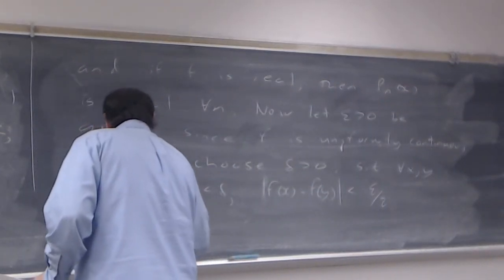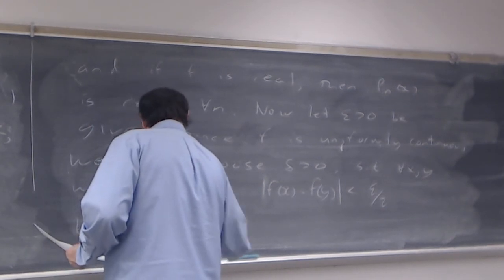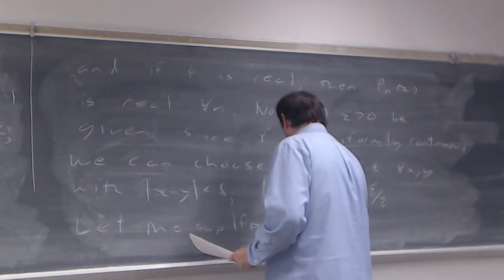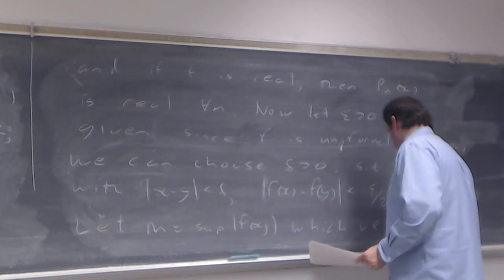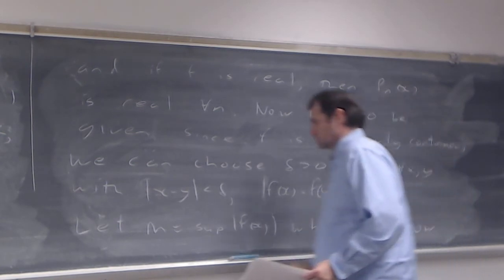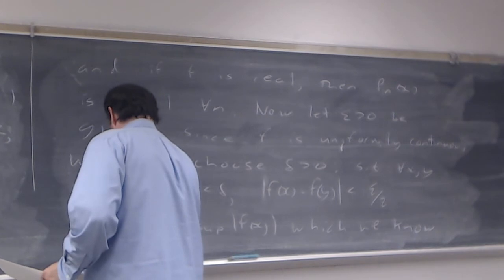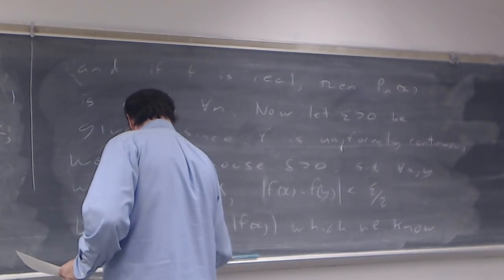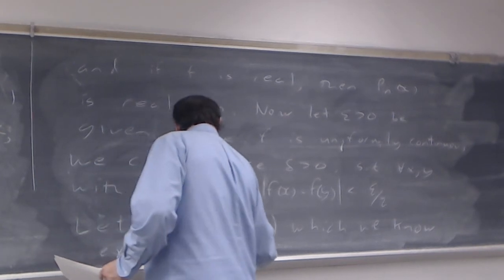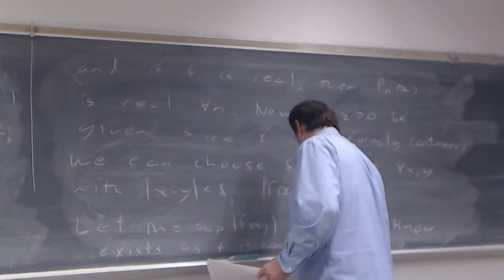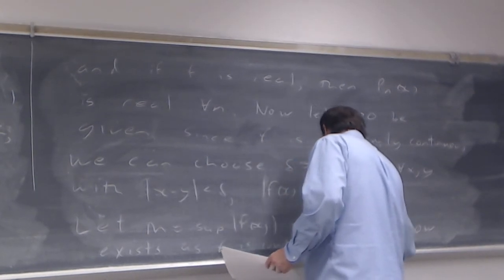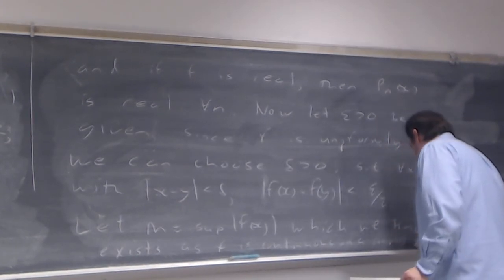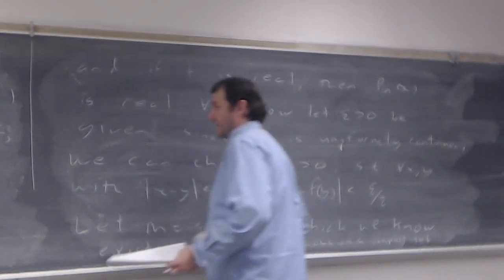We're going to let m equal the supremum of the absolute value of f of x, which we know exists as f is continuous on a compact set. That compact set was from 0 to 1 in this case.